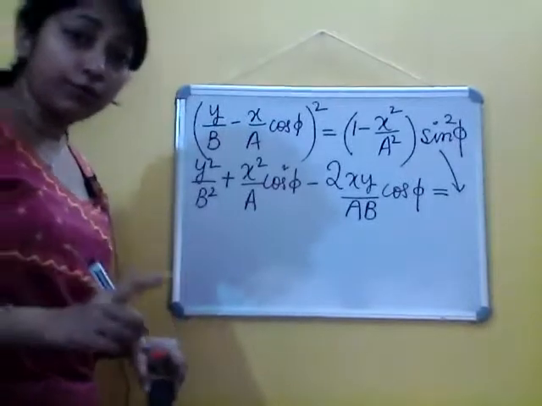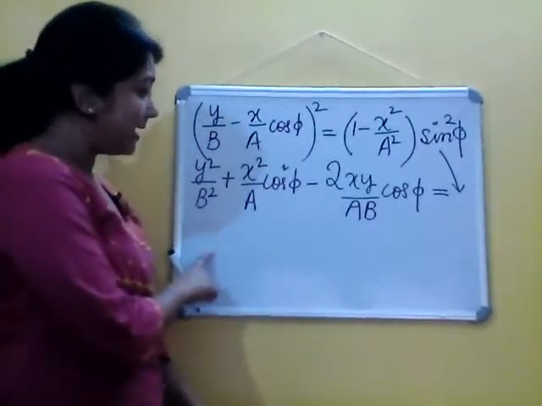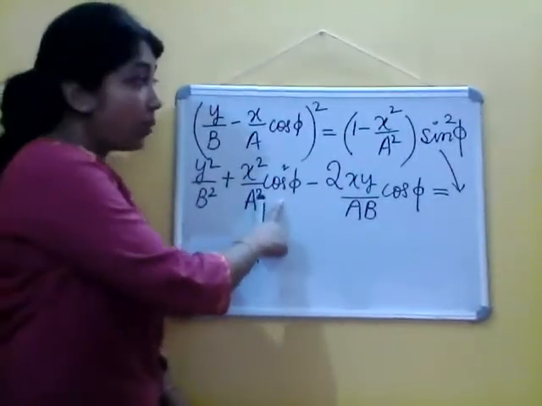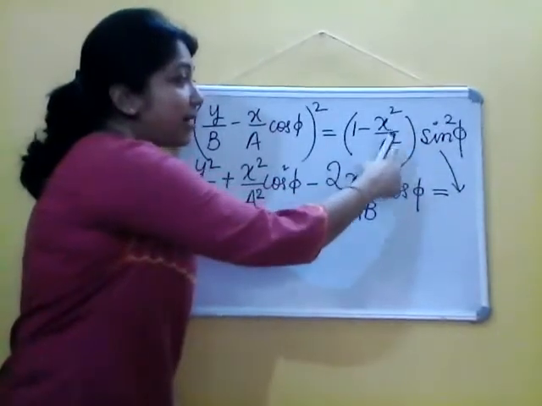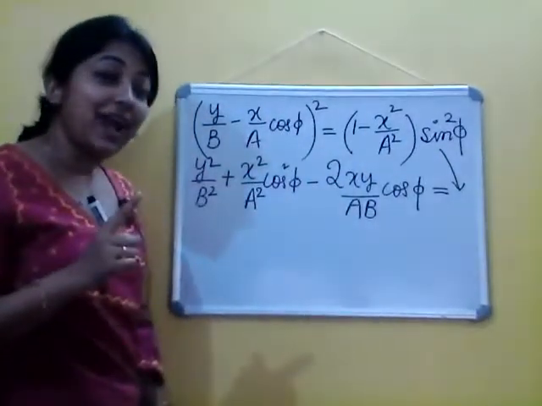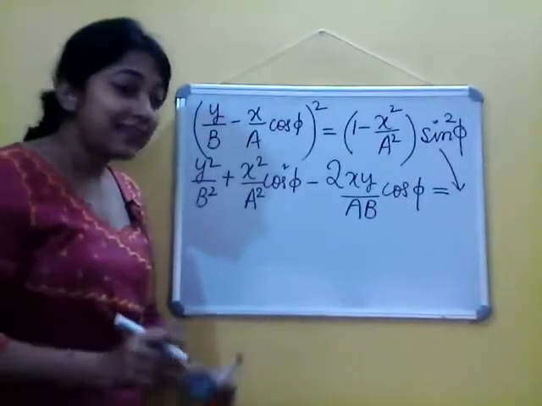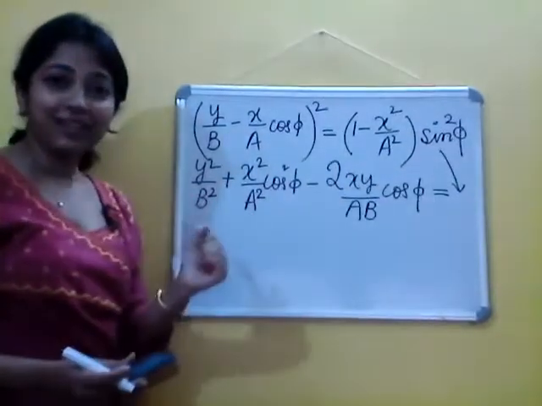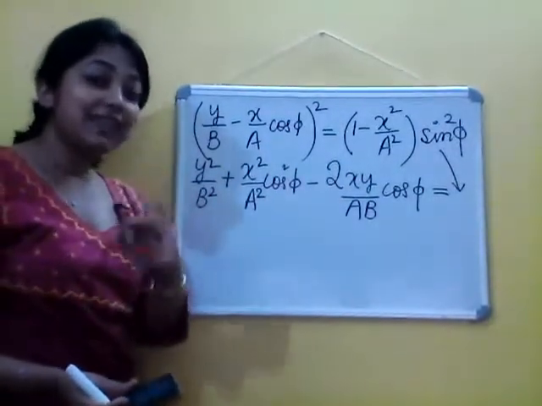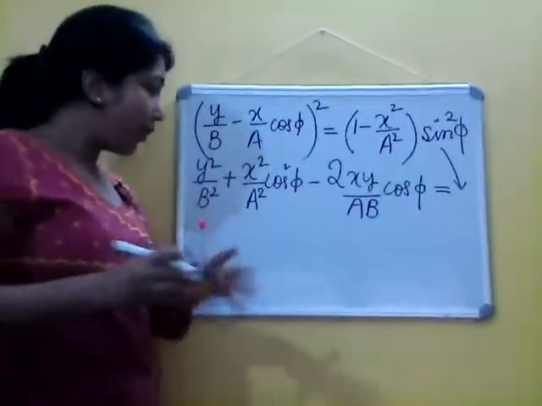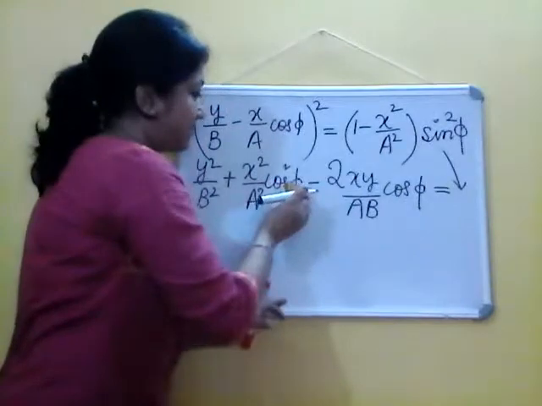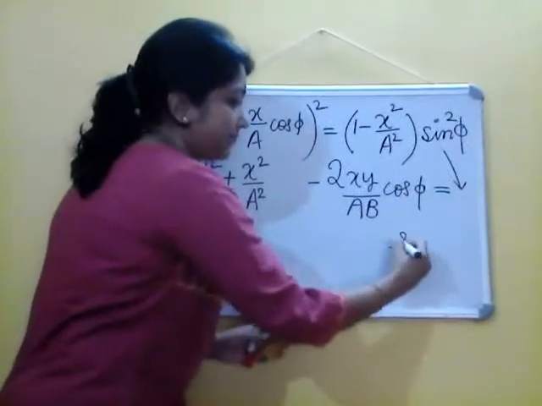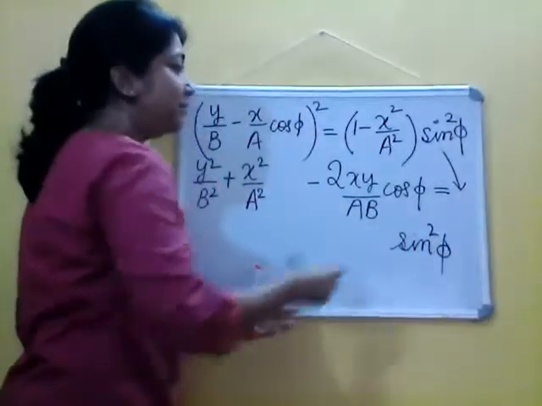Now please note this fact that in the left hand side I have one term with x square by a square cos square phi, whereas in the right hand side I have a term x square by a square sine square phi. Are you following what I am trying to make you understand? If I bring this minus x square by a square sine square phi to the left hand side, what will I have? Sine square theta plus cos square theta is equal to 1. So if I bring this term to the left hand side, all I will be left with is this term.